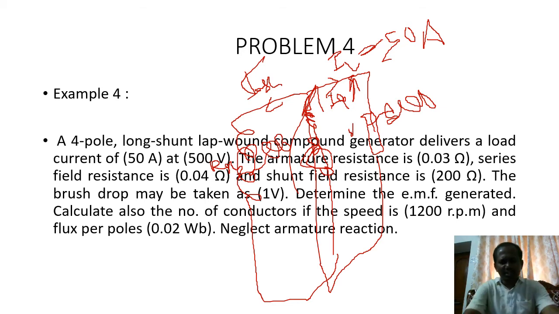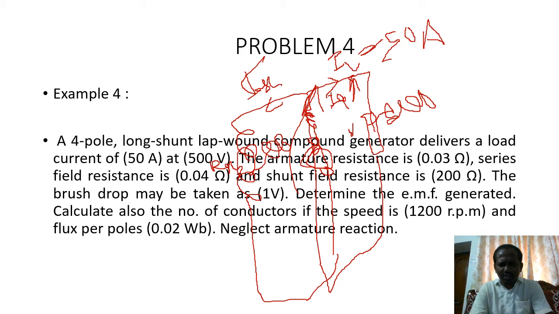Once you understand this problem, you can draw this long shunt compound generator. Note all the individual parts: armature resistance, series resistance, armature current, series current, shunt field resistance, shunt field current Ish, load current IL, and voltage supplied, 500 volts. Note all these values and derive the equations.